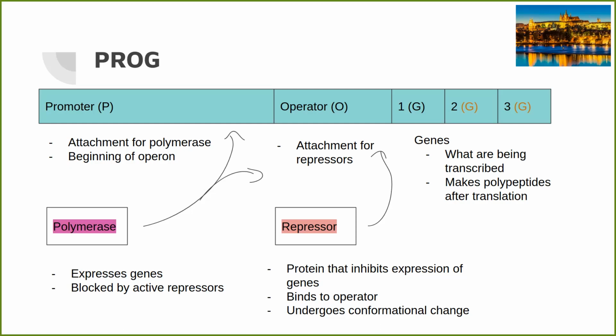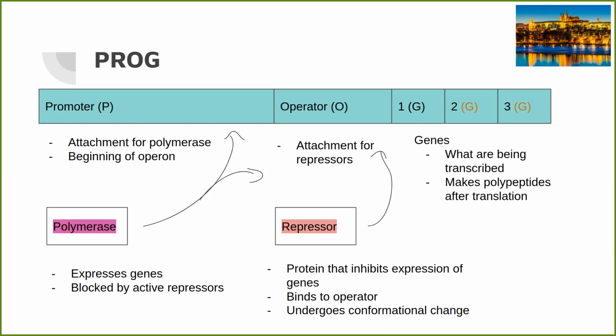Repressors are often activated or inactivated by the presence of some molecule or chemical. One way to remember the order of the parts in the operon is through the mnemonic Prague, which is a place in the Czech Republic, and it sounds like the acronym PROG. That's from a Bozeman video, which we'll look at later.